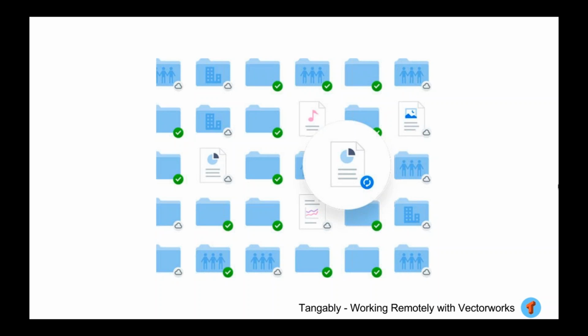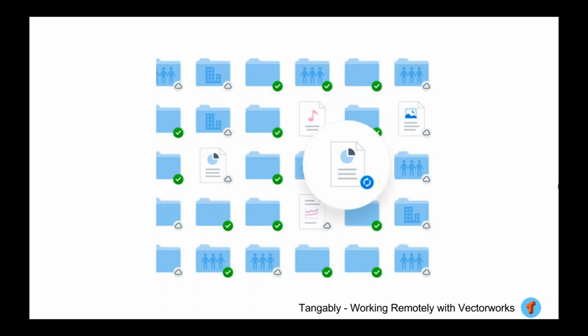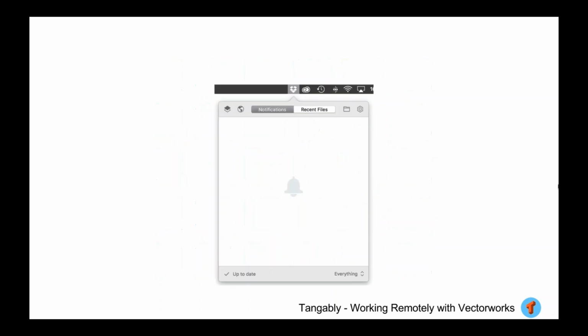So it effectively distributes a mirror image of a file across all of the local drives of your team, but also syncs those up to the cloud. So when you're using project sharing, you have the ability to access that same central project file in order to manipulate it as a team.